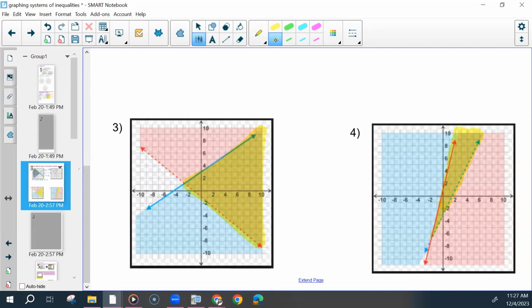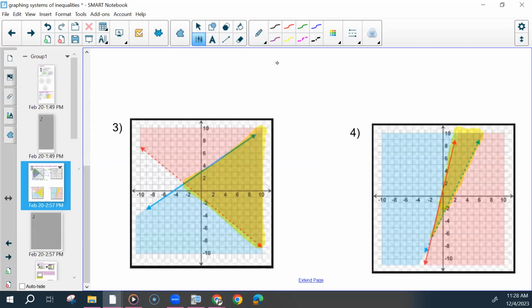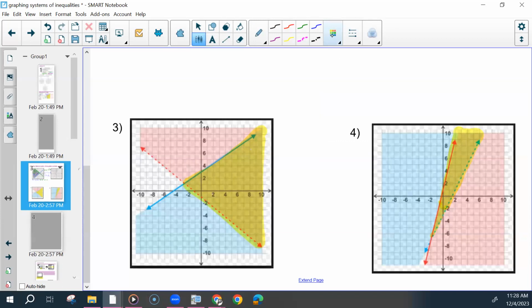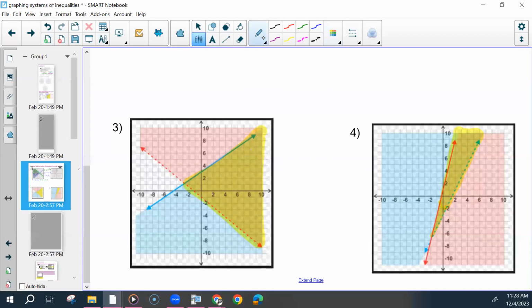So if we're doing number 4, same as before, we have a solid line, we have a dashed line. Let's look at the solid line first. What is the y-intercept of this line? I'll outline it so you can see a little bit better. 1.